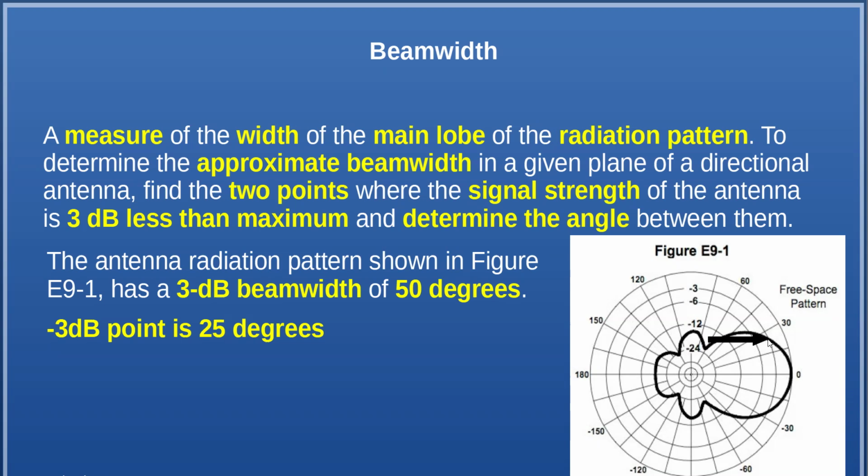So I would guess this being, I don't know, 15, 30, 25 maybe, 24 times 2. So it's double that. I didn't read it exactly; I was saying it's 25, but it's kind of a guesstimate. So that would be a 50-degree beam width.